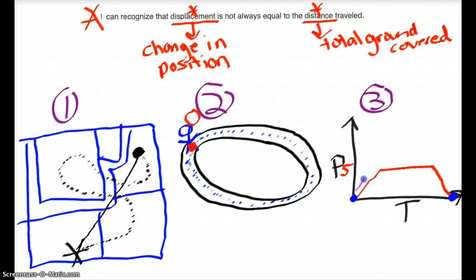Okay? You went 5 feet toward your teacher, you stopped, and then you went 5 feet away. So in this case, your total distance covered would be 10 feet. Okay? So there you go. That is 3 examples, 1, 2, and 3, of when displacement is not always equal to the distance.